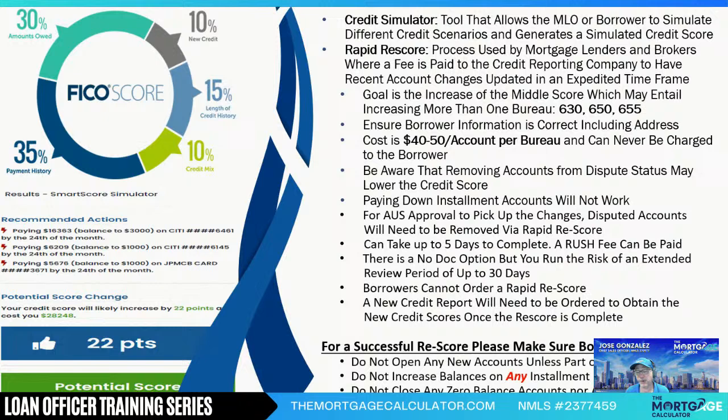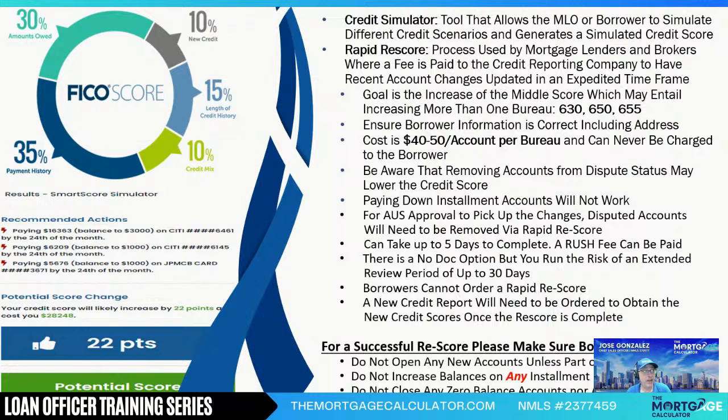How old is the credit, the depth? 10% is on the credit mix, between installment, revolving, secured and unsecured. And the last 10% is on new credit, right?